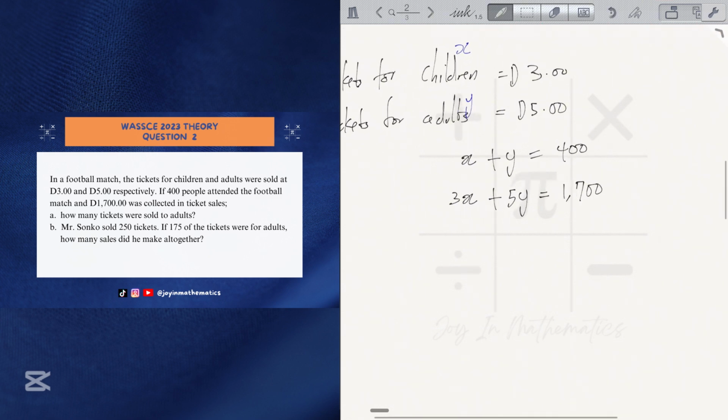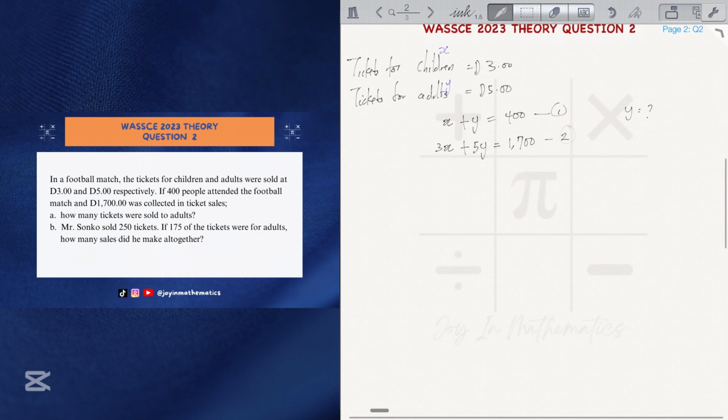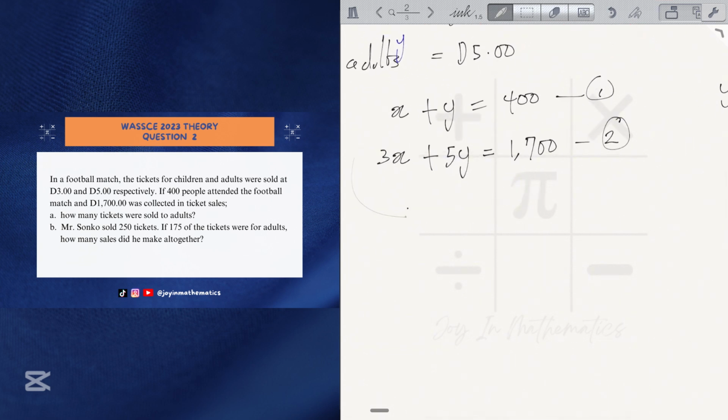So the sum from children plus the sum from adults will be equal to the cumulative sum of 1,700, and we are looking for Y. So we can say X plus Y is equal to 400 as equation 1, and 3X plus 5Y is equal to 1,700 as equation 2. As easy, let's use the substitution method.